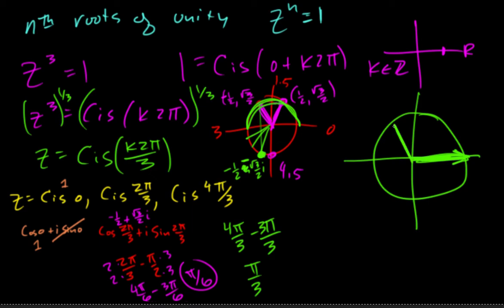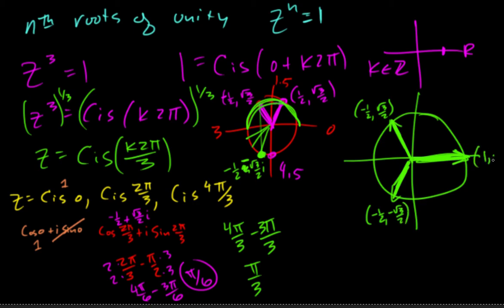So the second one is right here, and the point is going to be -1/2, square root of 3/2. And then the other one's right here, where we have -1/2, negative square root of 3/2. Then this one is just 1, 0. Okay.